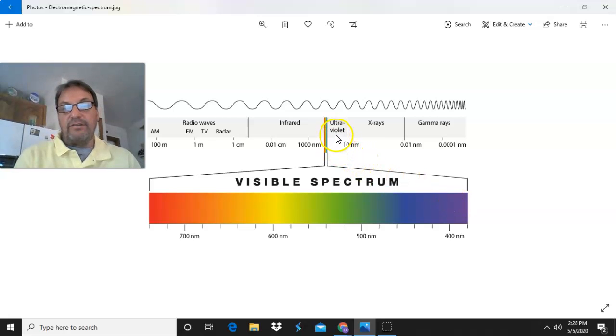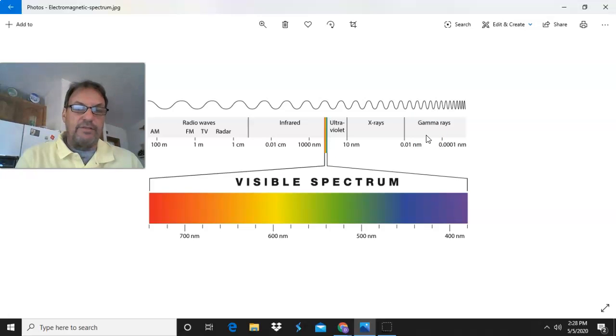Violet's going to be beside ultraviolet, which gets into the harmful section of the electromagnetic spectrum. X-rays have more energy. They can be more damaging to us. So those have a higher frequency and shorter wavelengths. And then the highest energy rays on the electromagnetic spectrum are the gamma rays.